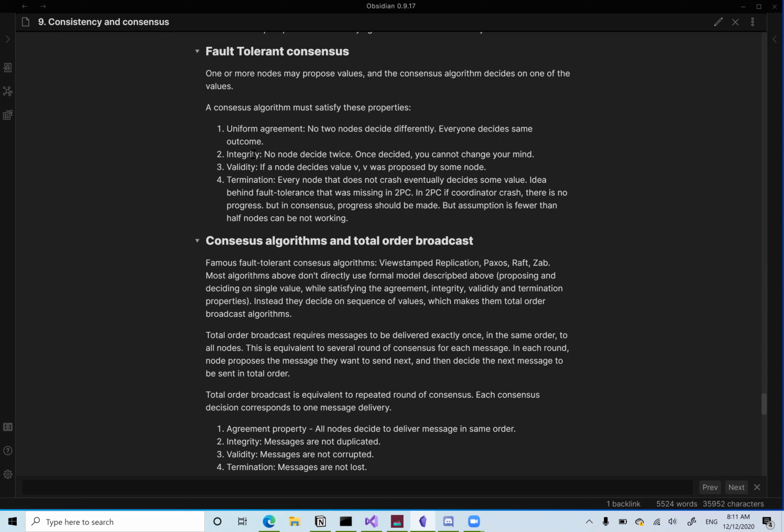And integrity. Integrity is like once someone has decided that okay, we all will go to a movie, now it cannot change its decision and say, hey, no, I don't want that, I want to go to dinner or something, right? And validity. Validity means that if someone has decided a value, then it has to have been proposed by someone.